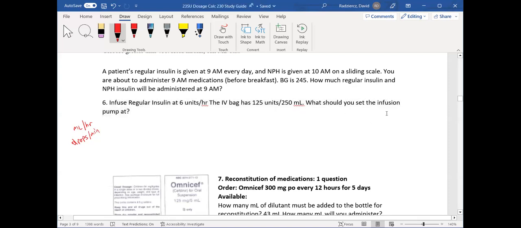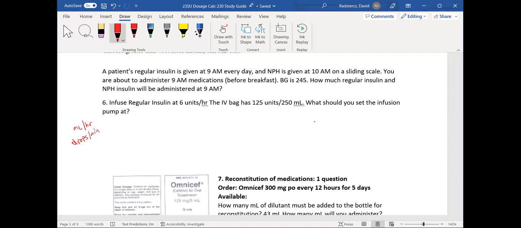So this says, what would we set the infusion pump to if we have insulin infusing at 6 units per hour, and the insulin is 125 units in a 250 milliliter IV bag? Flow rate questions, unfortunately, are not good questions to do ordered over have with. What I find is ideal is just making sure you can do your simple conversion type questions.